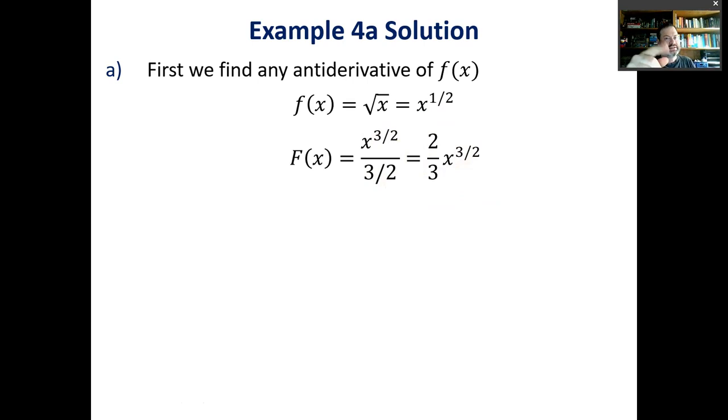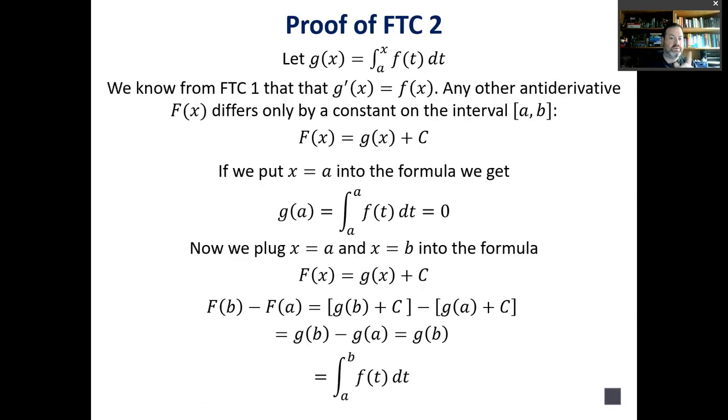Notice we don't need to do a plus c. I know you guys were thinking in section 3.9 that you need to see a plus c everywhere. But let's go back and look at the proof one more time. Any c, so this capital F is just something plus c. Any c that I add here, no matter what the number is, it's going to get subtracted.